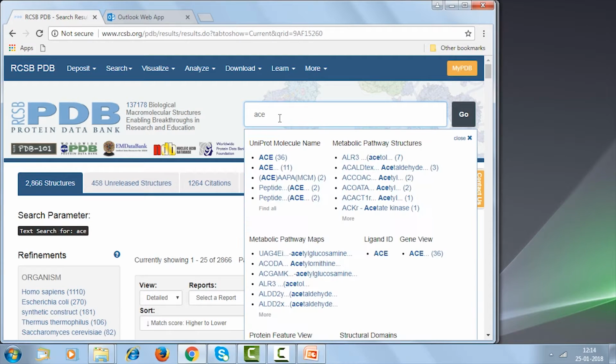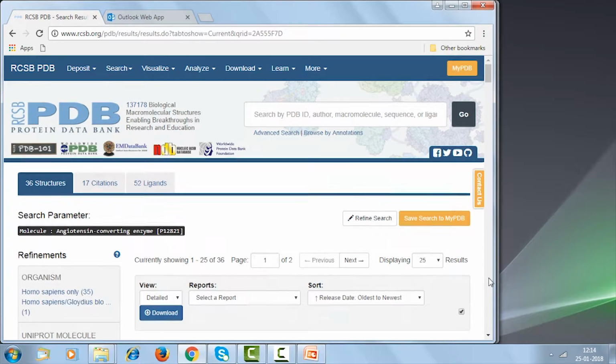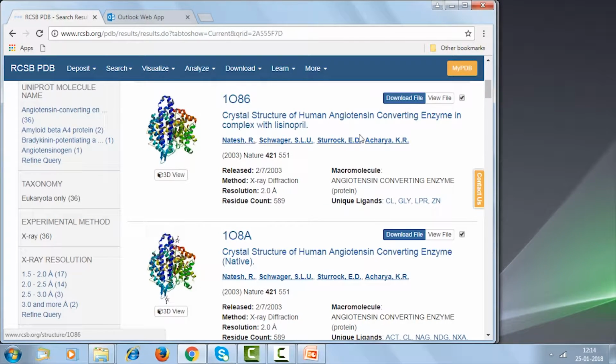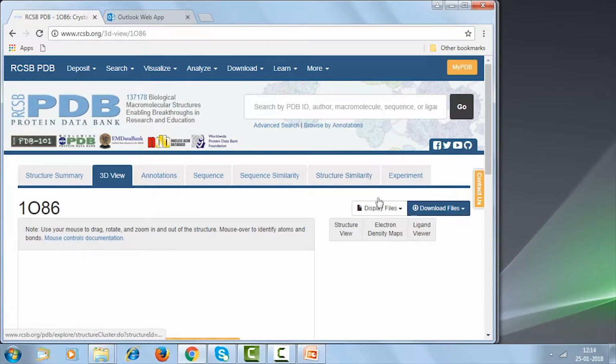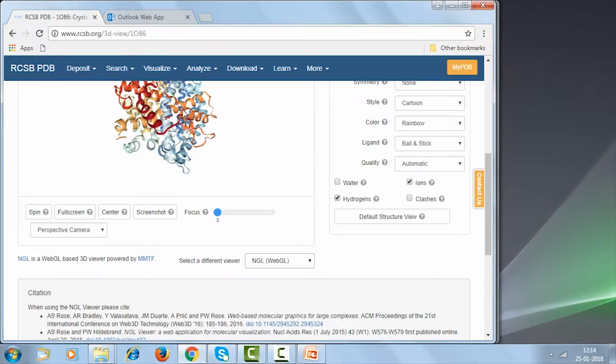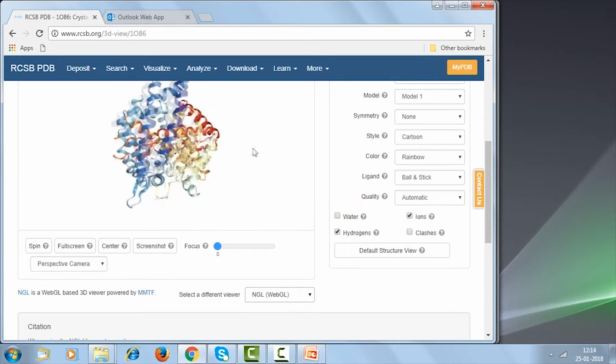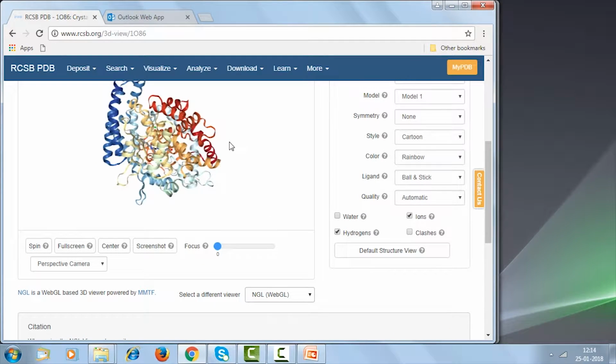Here is angiotensin converting enzyme in complex with lisinopril. This is the drug which is binding to this particular enzyme. You can see the drug here.